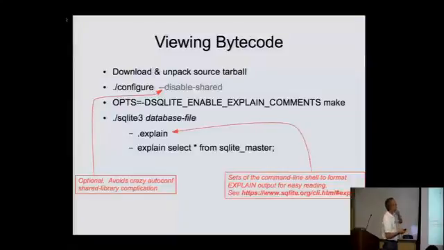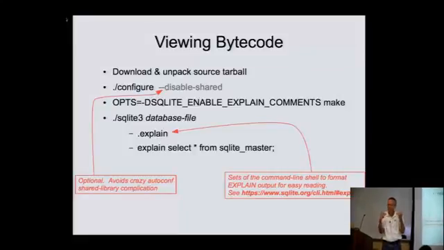So once you get that thing compiled, what you've compiled then is a command line shell. It's just a simple program that reads SQL statements and then sends them to SQLite to be executed. And this command line shell, sqlite3, if you give it a line that starts with a dot, a period, that's special.